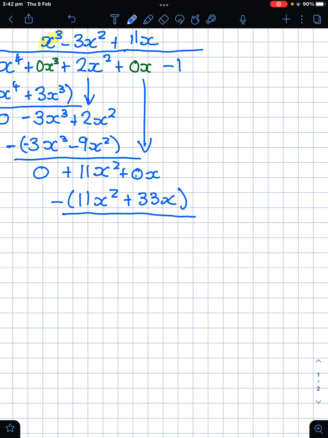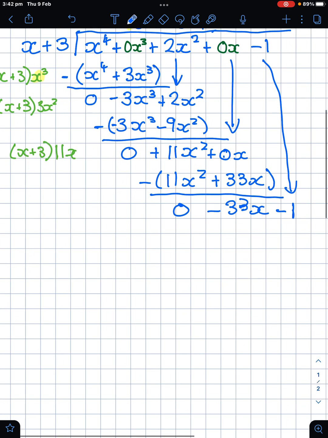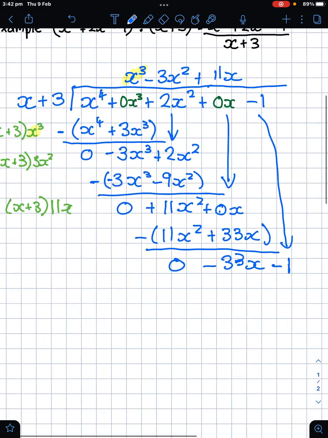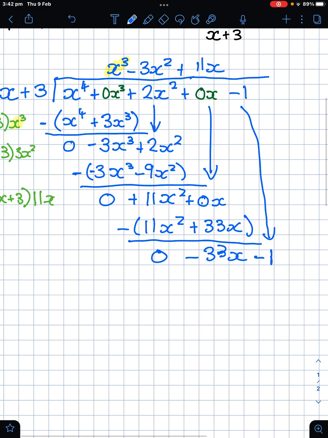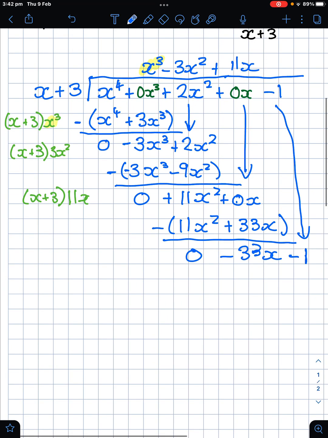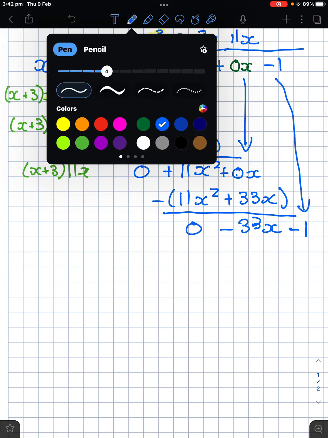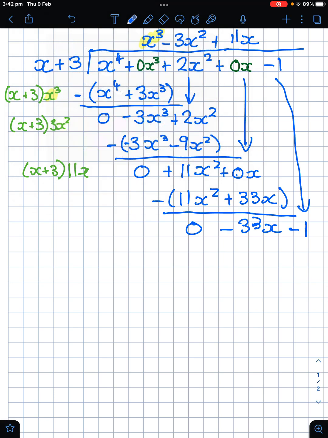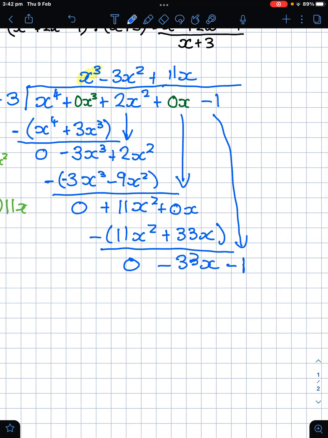So we've got this next one, 11x squared minus 11x squared gives us 0. 0x minus 33x gives us negative 33x. All right, and this negative 1 is going to come down here. So the next step here is x times what is going to give me negative 33x, and that will be negative 33.